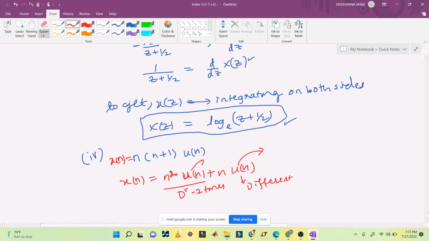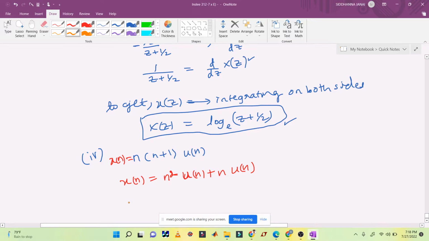Okay, so that's why I said it is the simplest problem we can expect. So this is our n square u of n, n u of n. So let us go through the procedure and solve it.